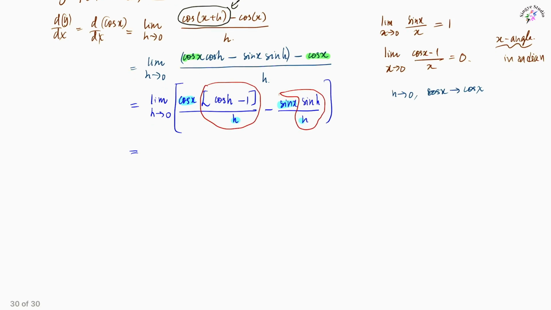Okay. So by distributing the limit now, we will get cosine x times the limit as h approaches 0 of cosine h minus 1 divided by h, minus sine x times the limit as h approaches 0 of sine h upon h.